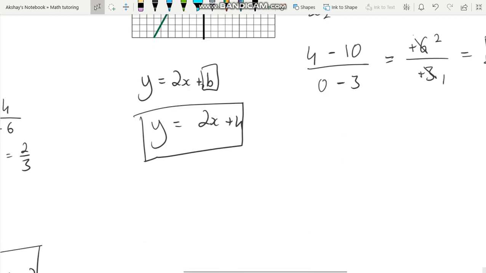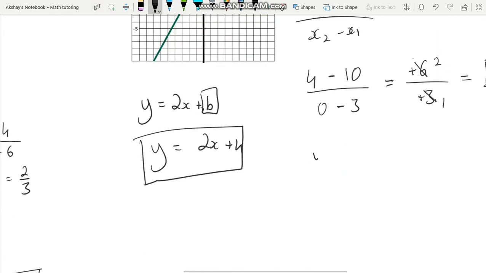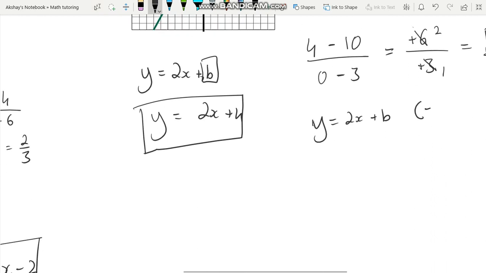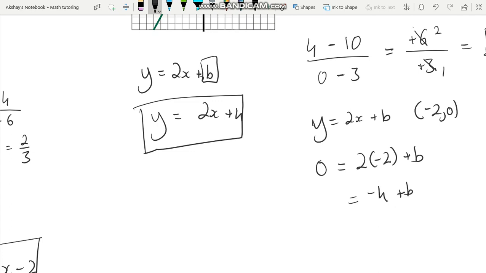Now given that point, we're going to substitute it back into y equals 2x plus b, and we should get a value of 4. So the point that I'm substituting is a point that intersects our line, (negative 2, 0), also our x-intercept. My y value is 0, x value is negative 2. Negative 4 plus b is equal to 0. Bring the 4 to the other side, hence I have 4 is equal to b.